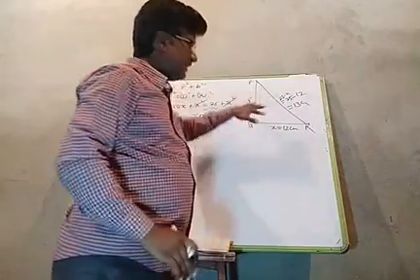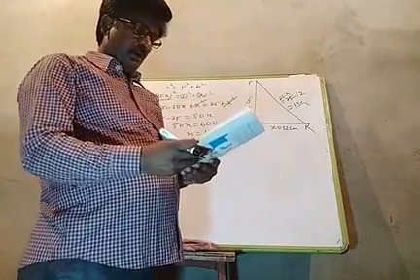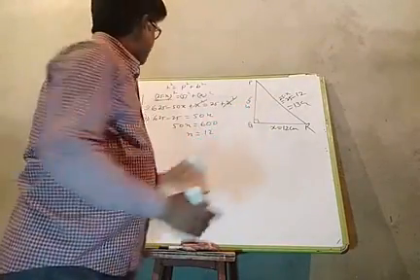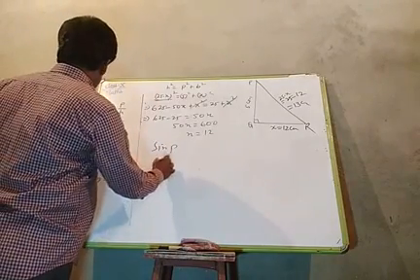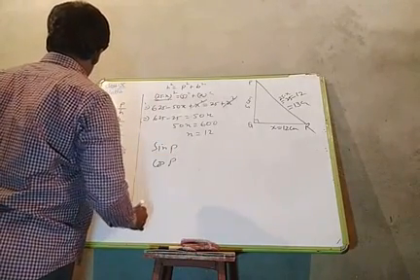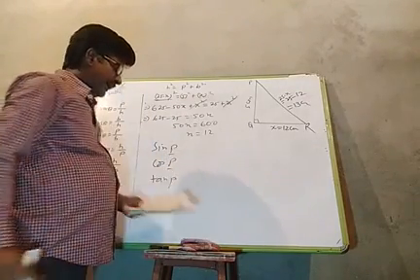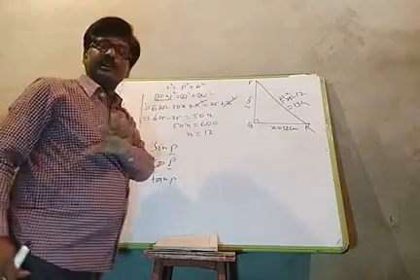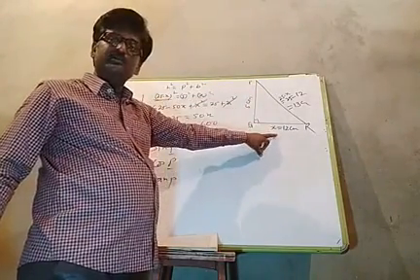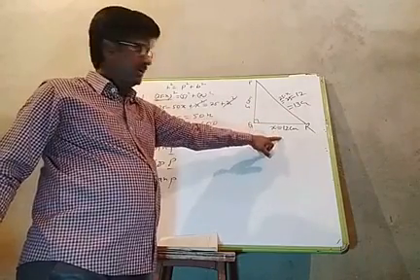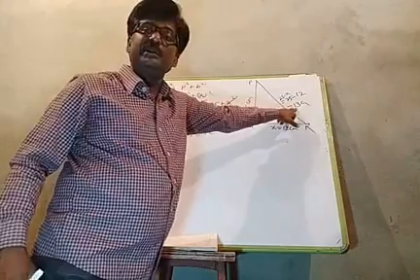So now all three sides are given. The question is to determine sin P, cos P, tan P. It means acute angle P is chosen, and for acute angle P, the perpendicular is 12, the base is 5, and the hypotenuse is 13.